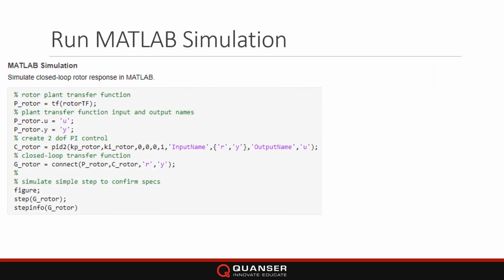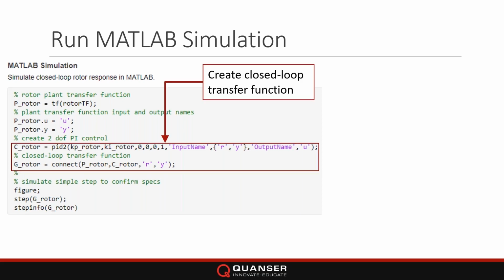So now the first thing I'm going to do is run a MATLAB simulation. I want to run a quick MATLAB simulation by first creating the closed loop transfer function, right? So I don't need to do this by hand. I use, again, the Control System Toolbox. I'm using the 2-DOF PID controller command from MATLAB here, right?